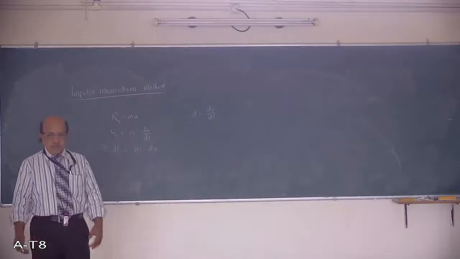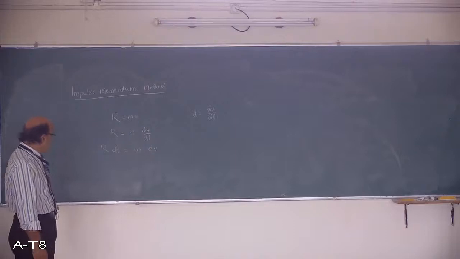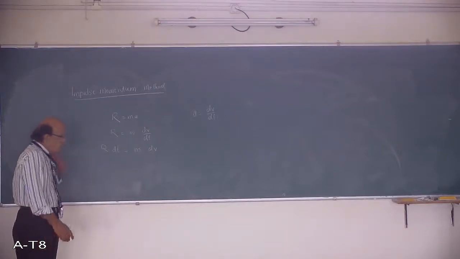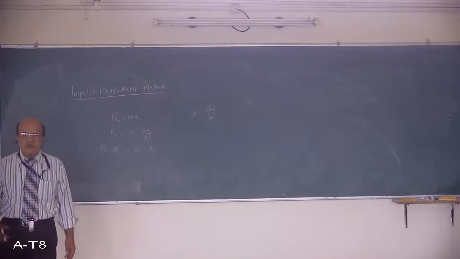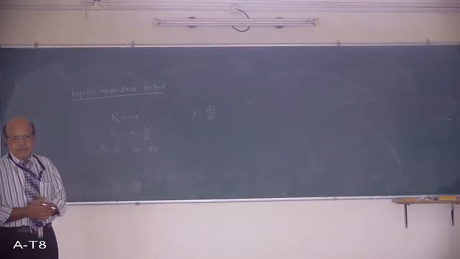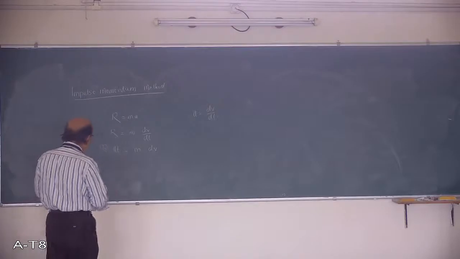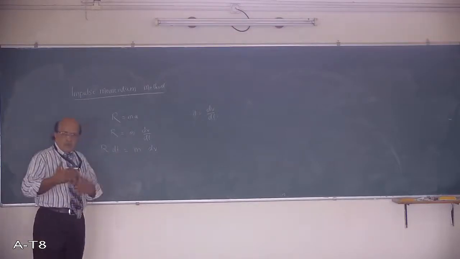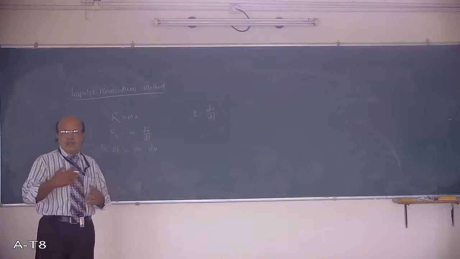Now, when a particular force is acting on an object for a particular amount of time, that is called impulse, and it results in the movement of the object with a particular velocity.